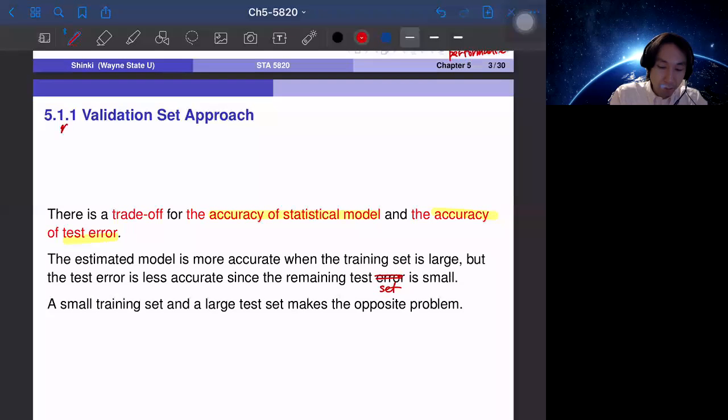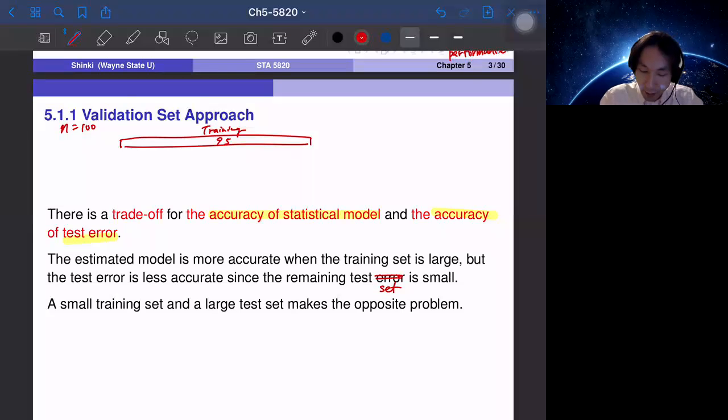Typically, suppose we have 100 observations. How many should be in the training set and how many in the test set? If we put 95 observations in the training set, we have a pretty accurate model, but we only have 5 observations to test. So test performance really depends on the specific characteristics of these 5 observations, and the evaluation isn't really reliable.